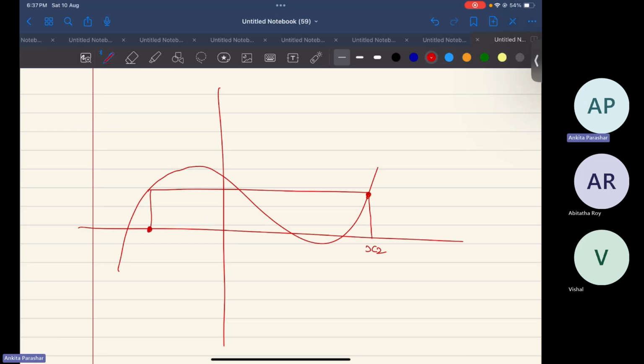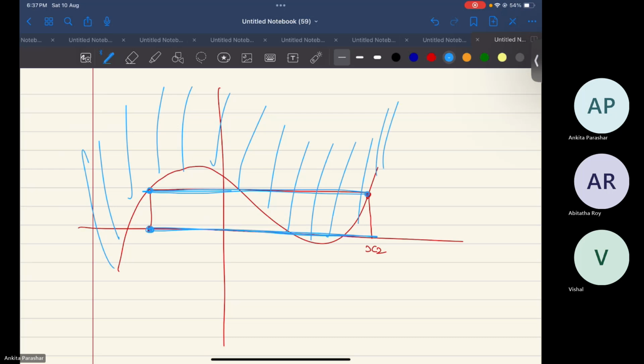Now let's look at it geometrically. The line joining x1 and x2 is this. The line joining f of x1 and f of x2 is this. The graph is this. So can you tell whether the function is convex or not?